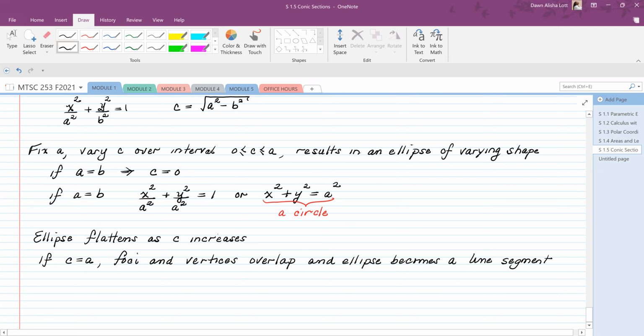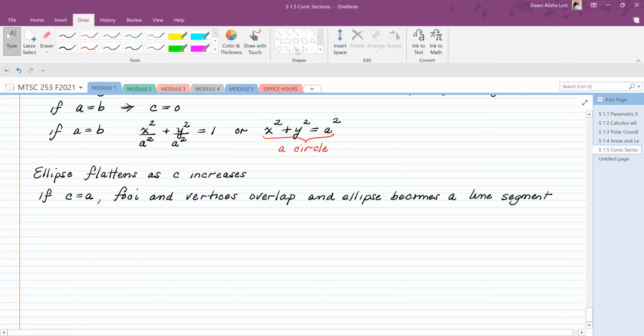Okay, so what does that look like? Okay, so remember a is the larger axis. So let's say that here a is 3, and b is 2. So we're going to let a equal 3 and b equal 2.